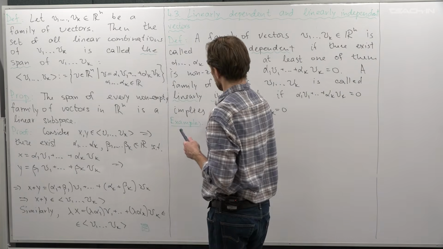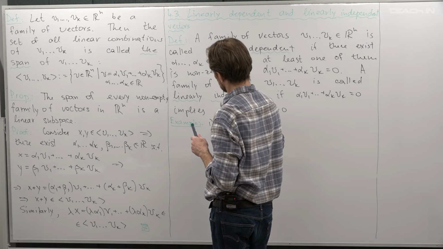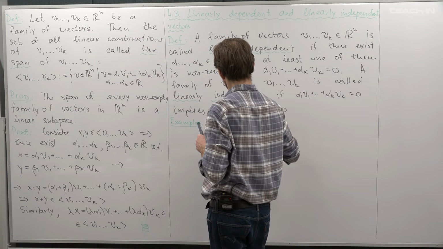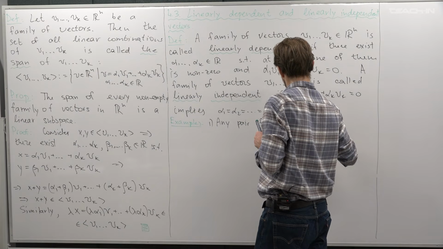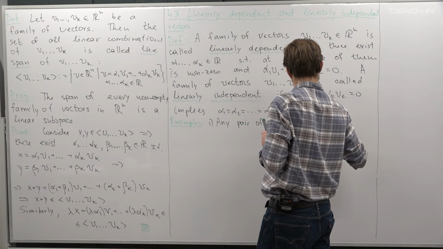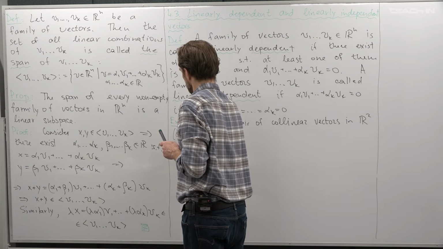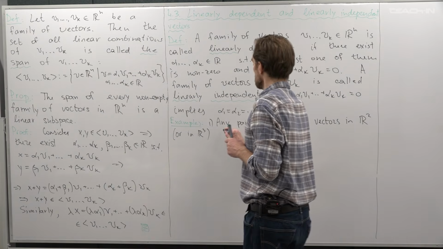So the first example, any pair of collinear vectors in R2 or in R3 is linearly dependent.